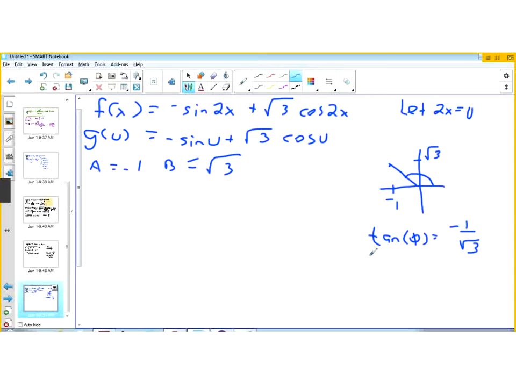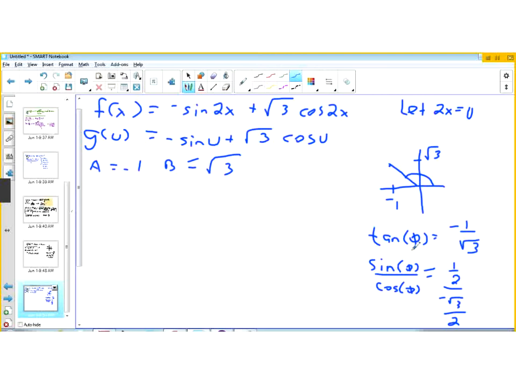So we know that the sine of phi over the cosine of phi would have to equal, say, 1/2 over negative square root of 3 over 2. Right? It would have to match up something like that because the cosine is negative in quadrant 2. So that means the sine of what is equal to 1/2?